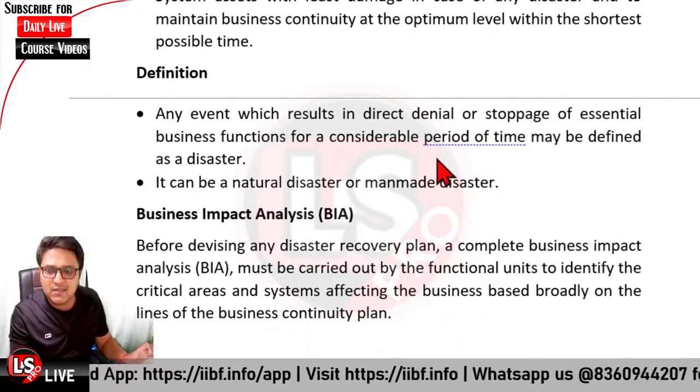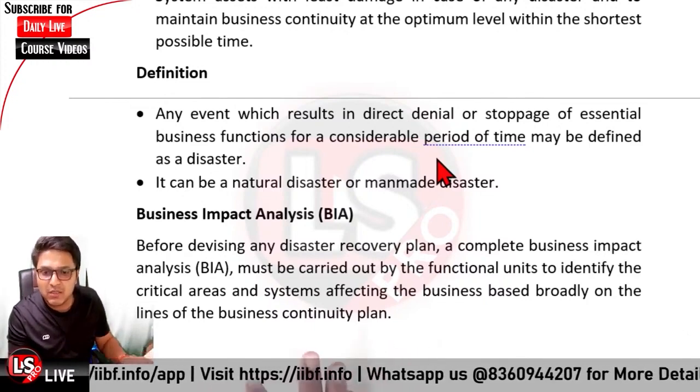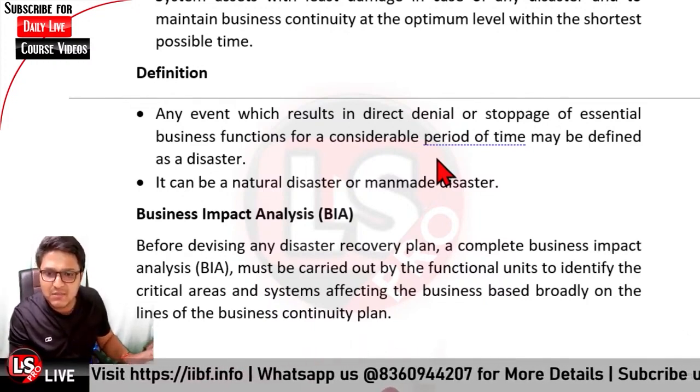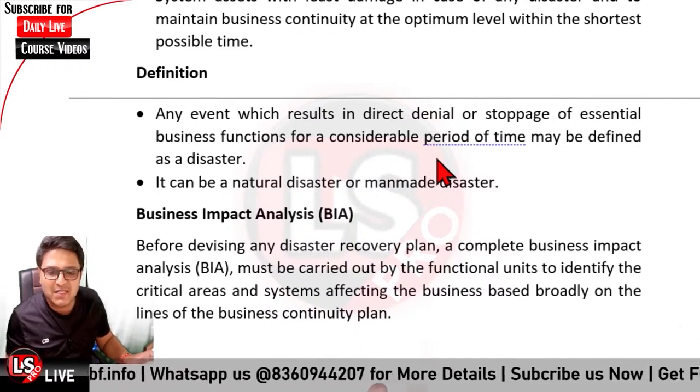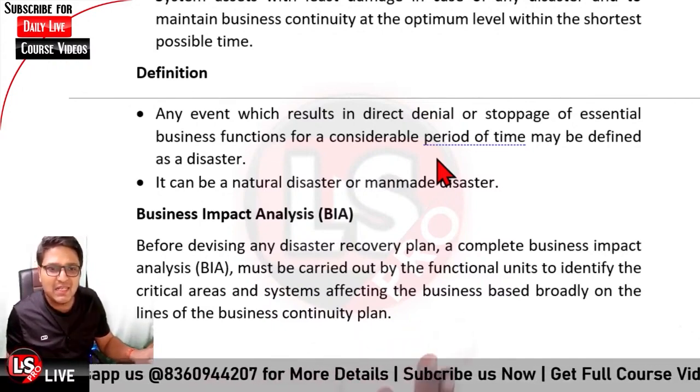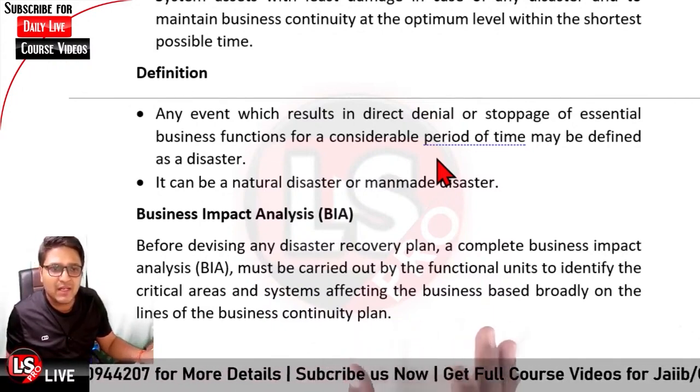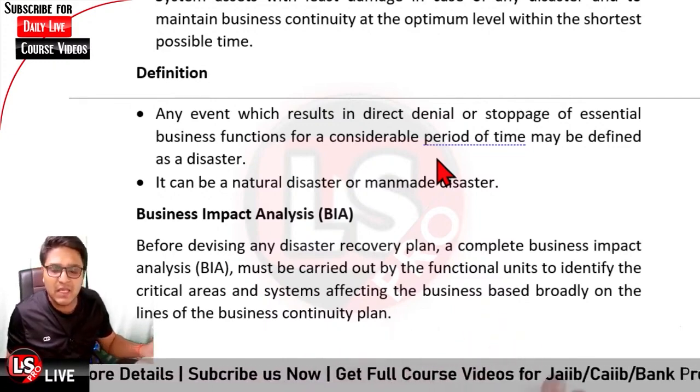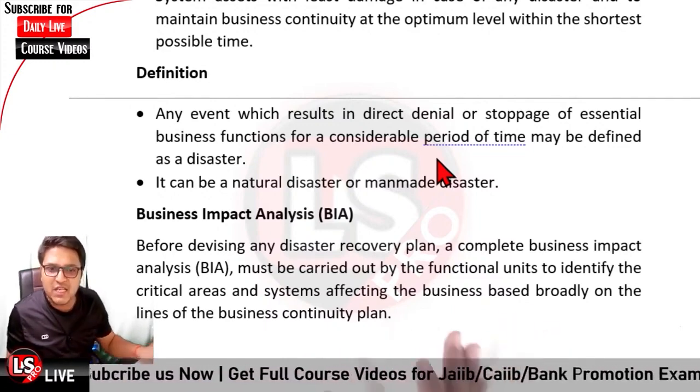Business impact analysis is a complete study of the impact of disaster on the business.